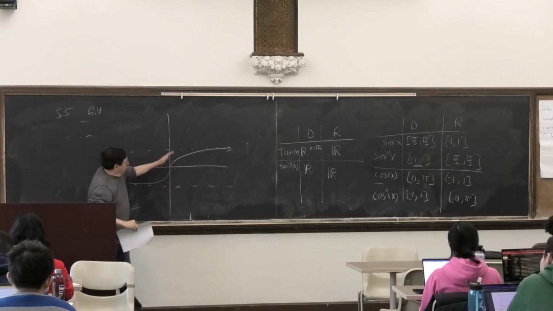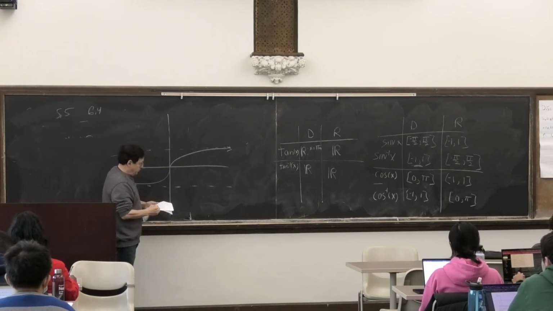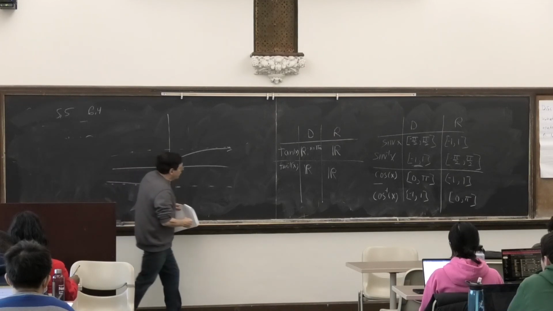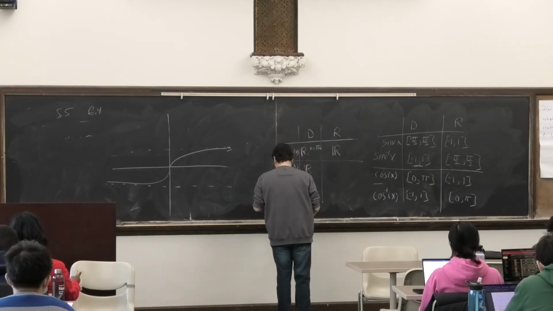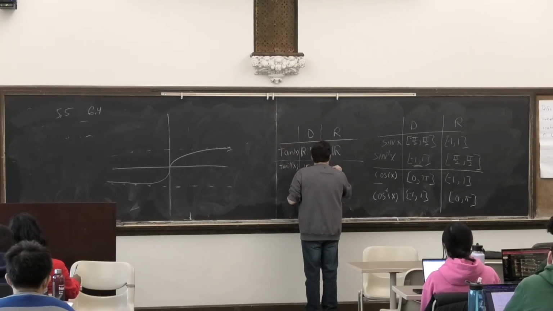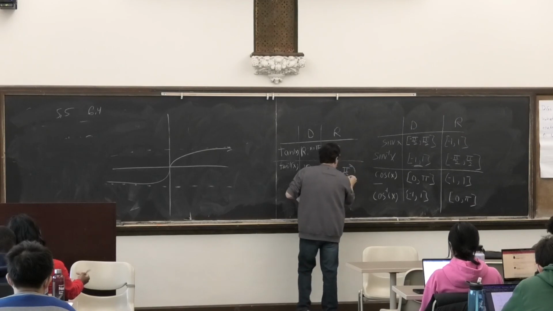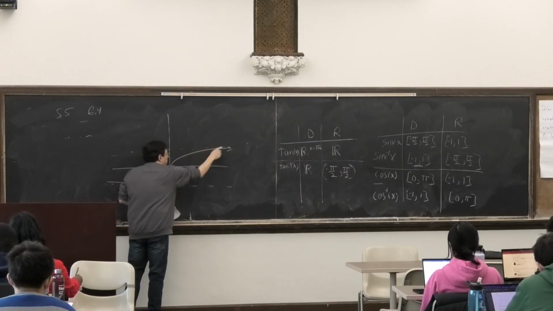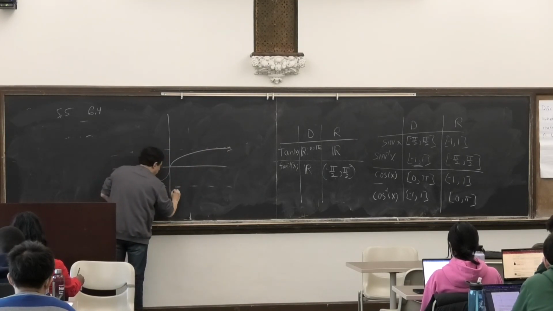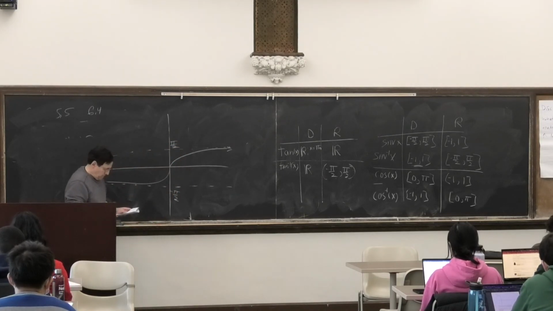It's what you get if you took one piece of the tangent function and flipped it over. So its range is actually what? Negative pi over 2 to pi over 2. To be clear, that's open. You'll never get to these, negative pi over 2 and pi over 2.